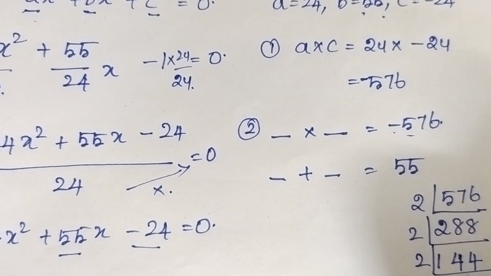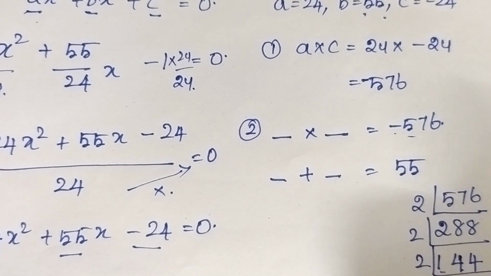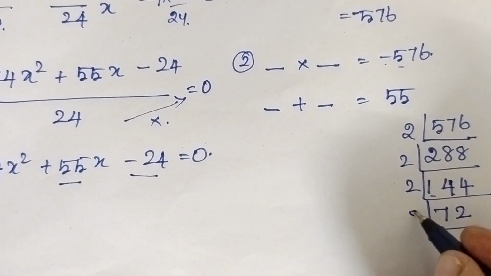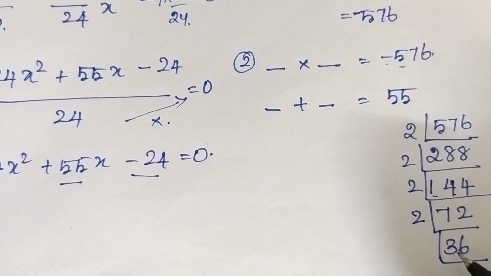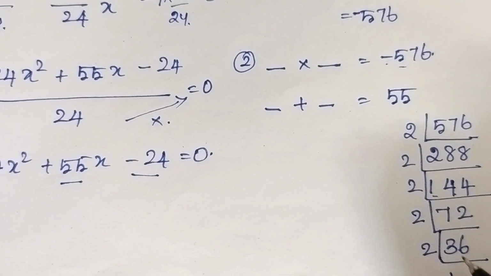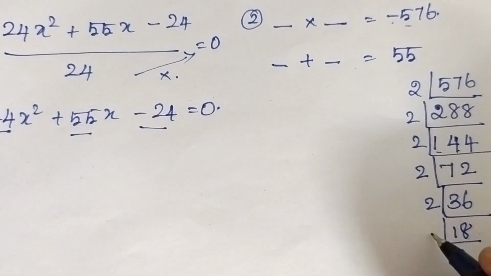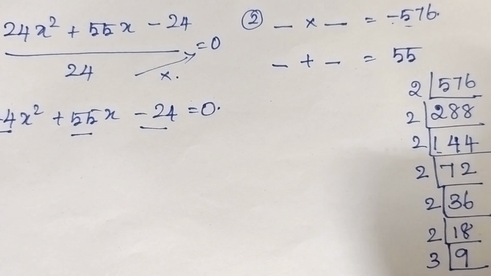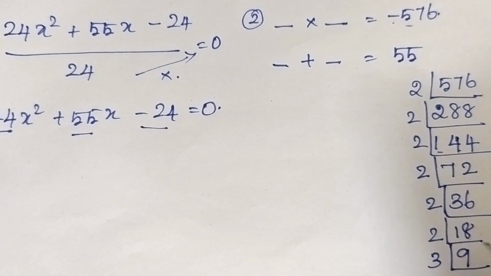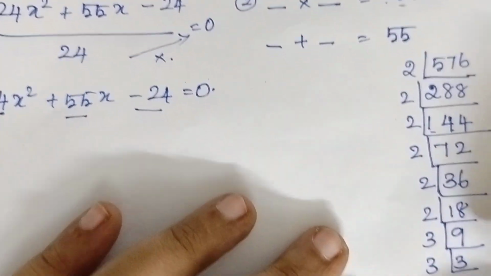And again 2, 7 2s are 14. Again 2, 3 2s are 6. Then 6 2s are 12, then 2, 9 2s are 18. Then this was factored by 3, 3 3s are 9. Then 1. So these are all the factors.